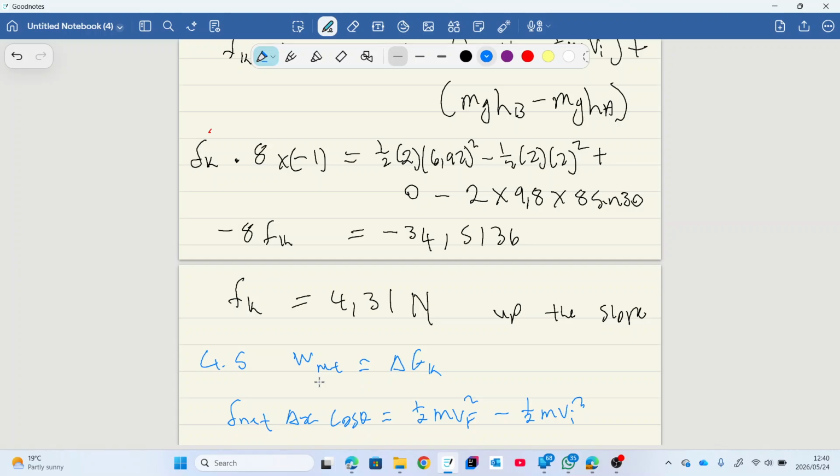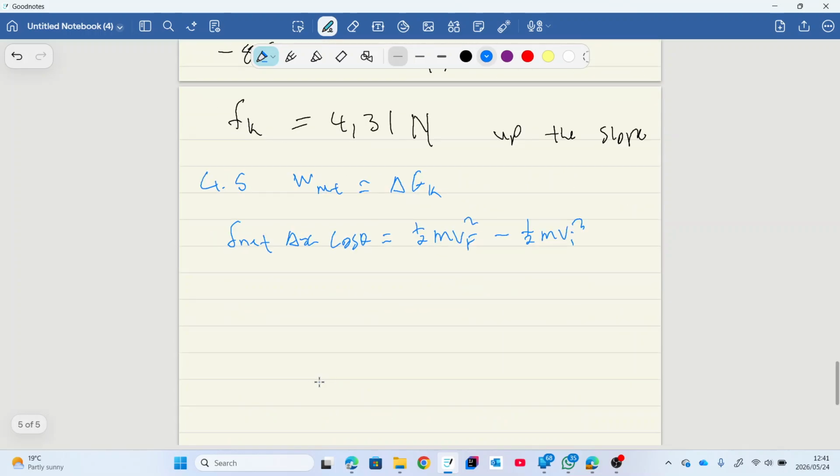But now, is it necessary here? That's the question. Is it the same as the Fk that comes down? The answer is no. Why? Because there's a new coefficient. So what is the plan? Now the plan is to break down F net into Fk. But what is Fk?